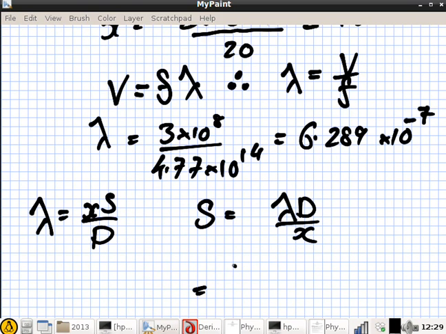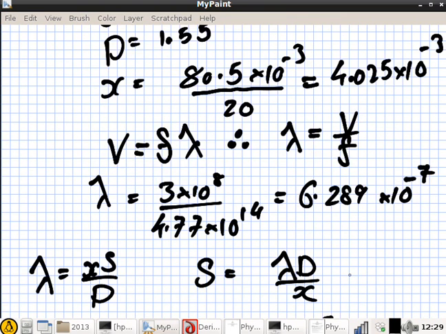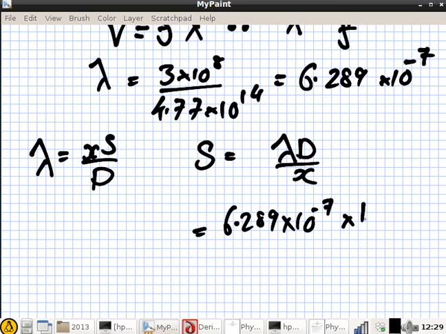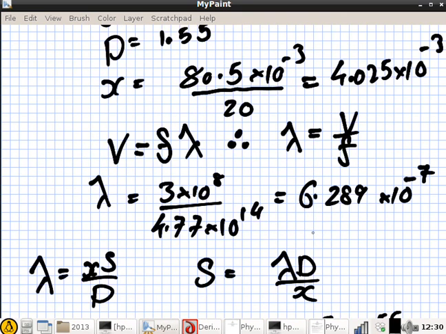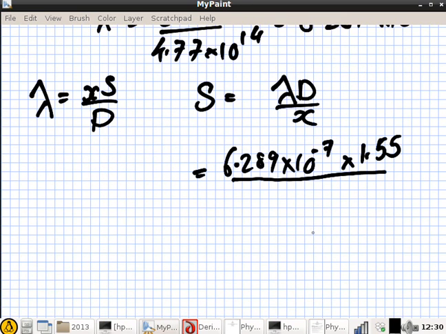So that is 6.289 times 10 to the minus 7 times, what was the d? 1.55 over x. 4.025.